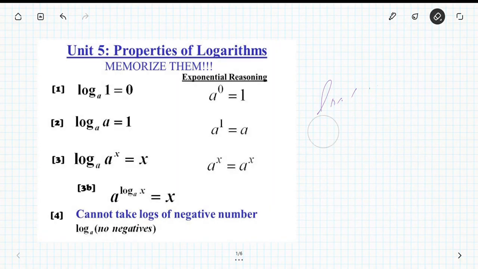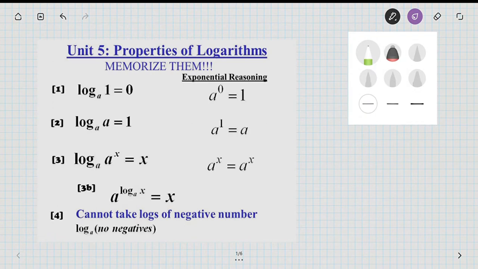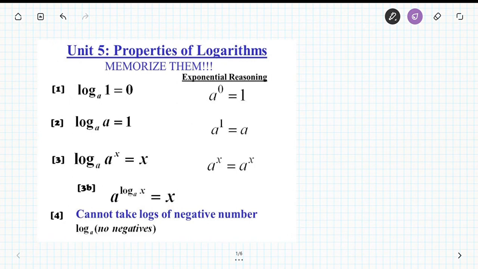Now we spoke about those, but I want to go ahead and talk about the third property in that previous video, in which we talked about the nature of the log, right? What is the log? It's essentially just a linear operator, okay? So for example, let's look at this first rule. It's saying that the log base A of 1 equals 0.